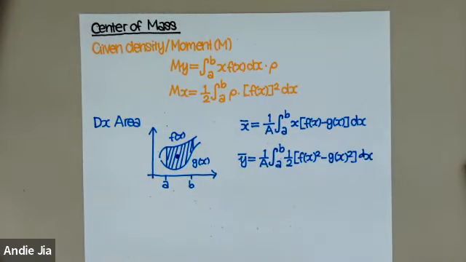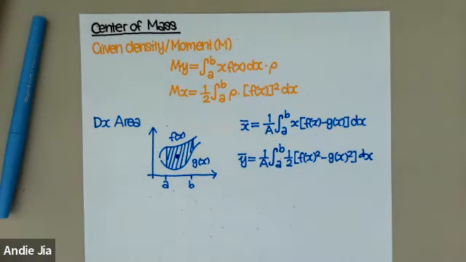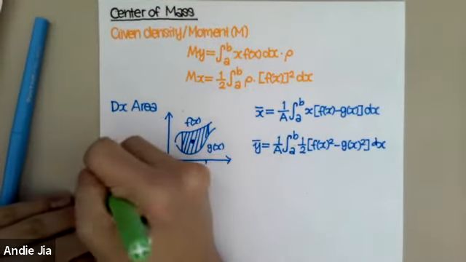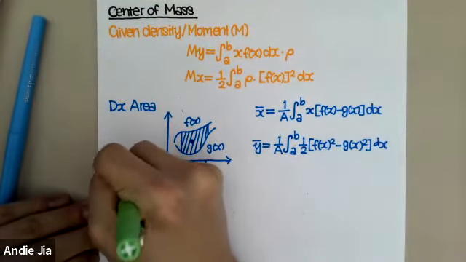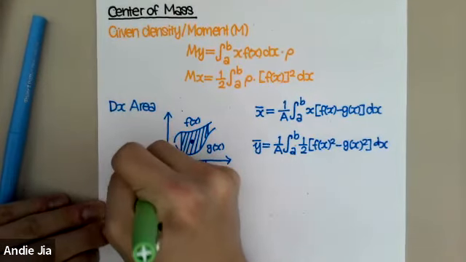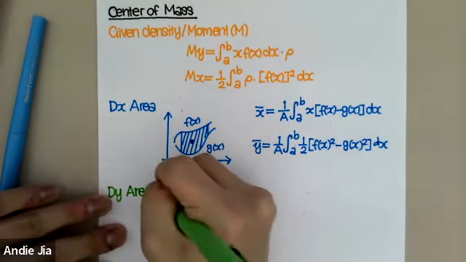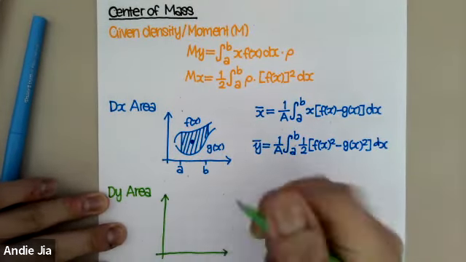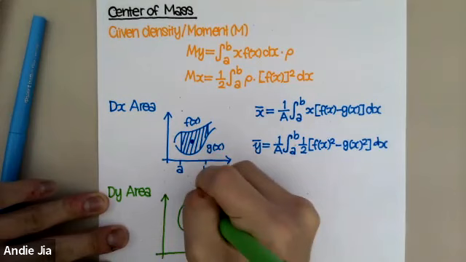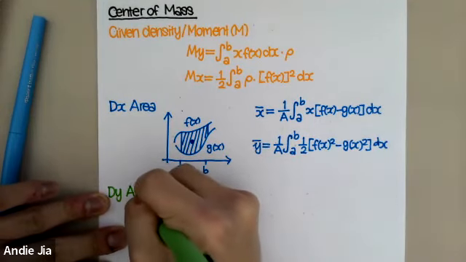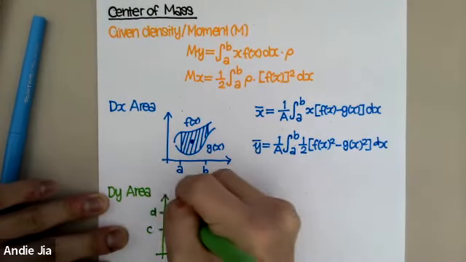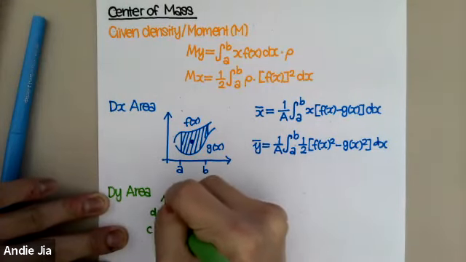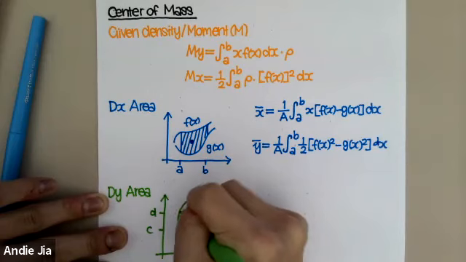If you're given the dy region, like this, from C to D here, you can find its center of mass.